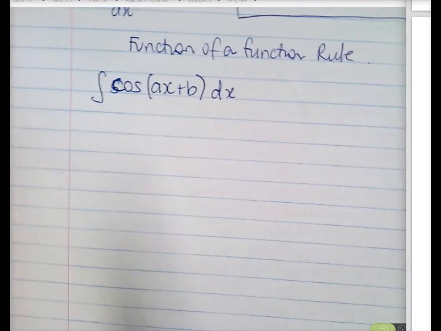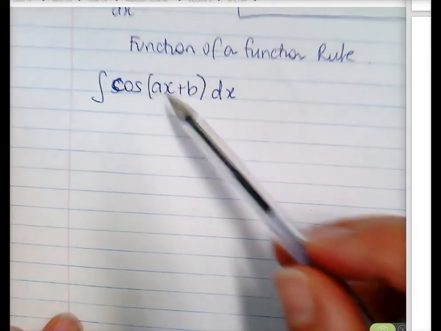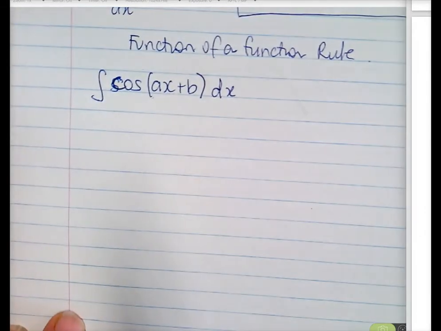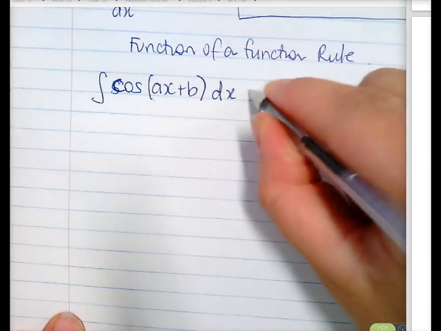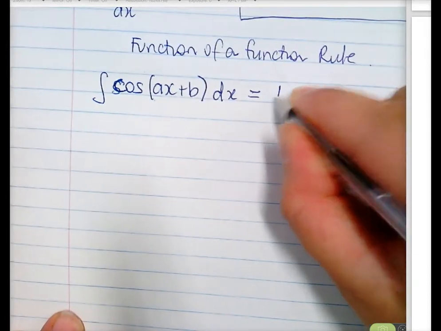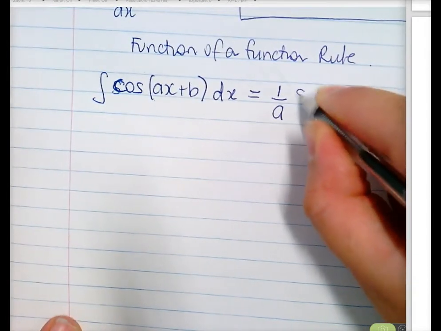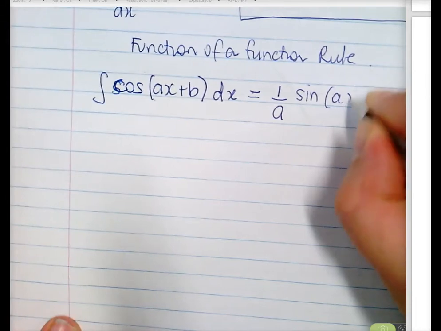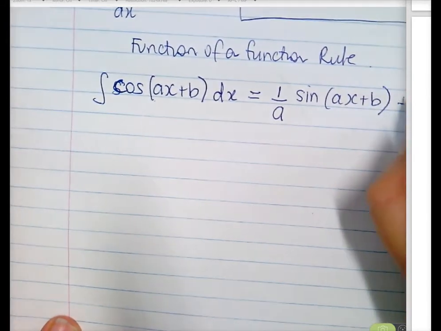Now the constant can be 0, no problem. But this is like integrating cos of 2x, cos of 3x, cos of negative 5x, etc. No x squareds, no x cubes, no other functions. Ax plus b means that type. So if you integrate that, you get 1 on a sine ax plus b plus c.